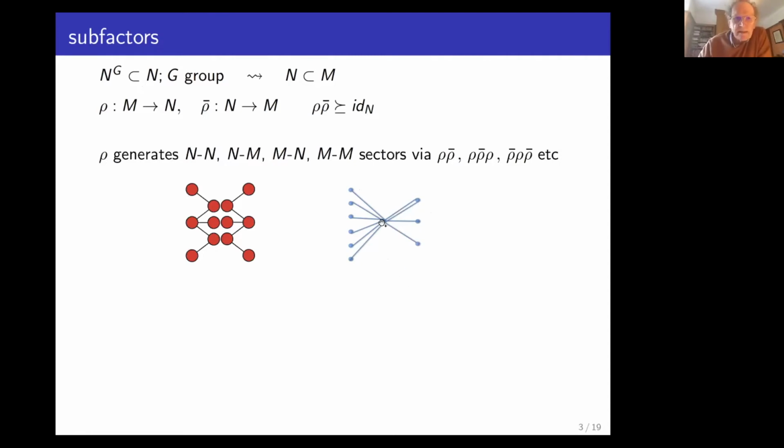And then there's this NM object in the middle. So this is an example of a subfactor of index less than 4. The index in this language is just the norm of the incidence matrix. So this has to do with the classification of index less than 4.